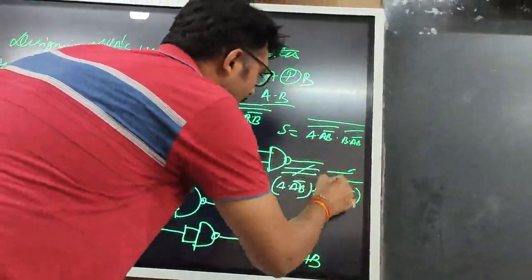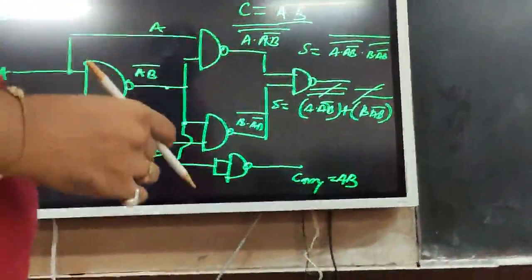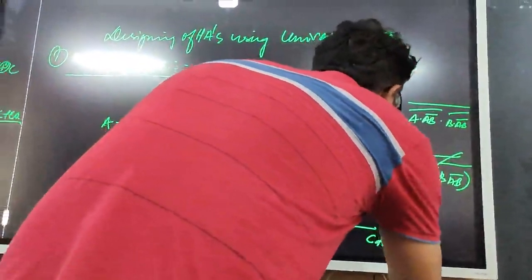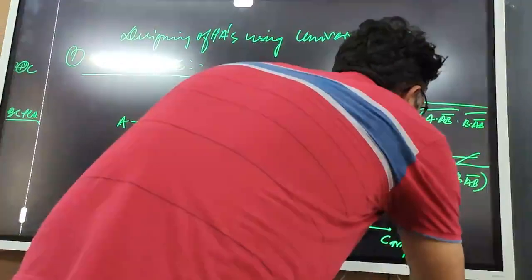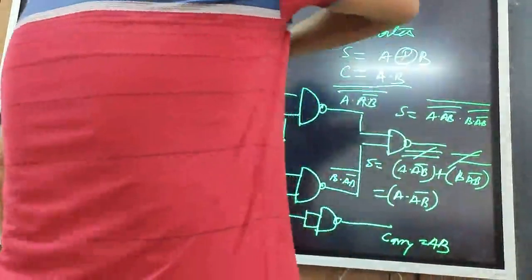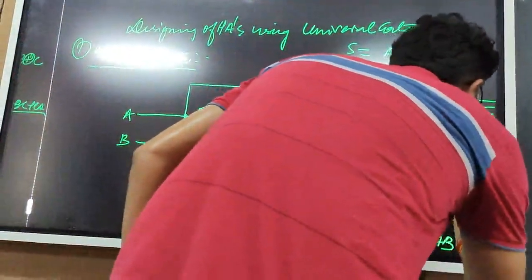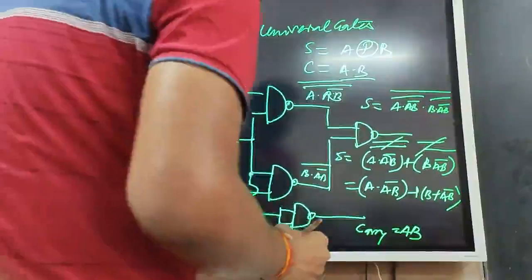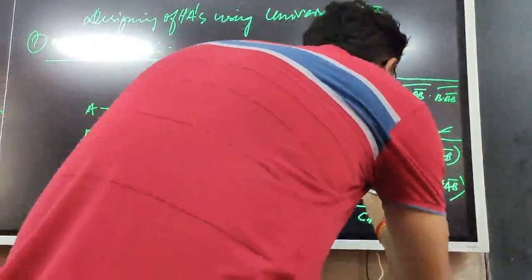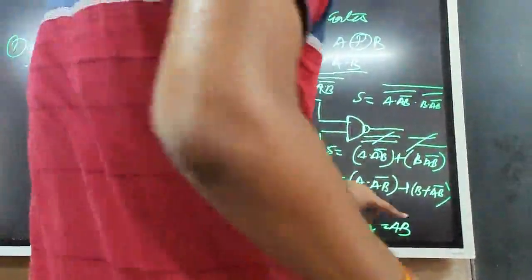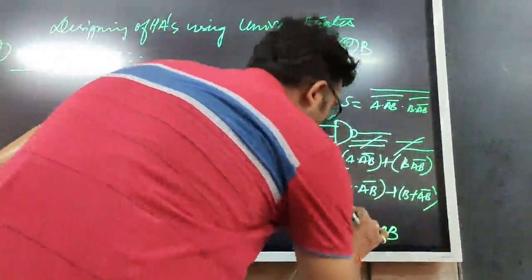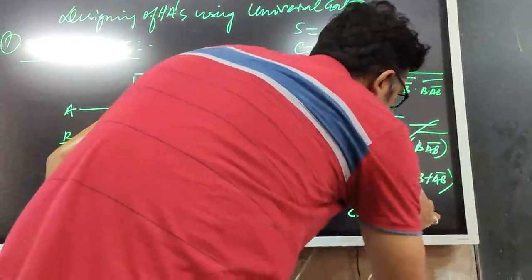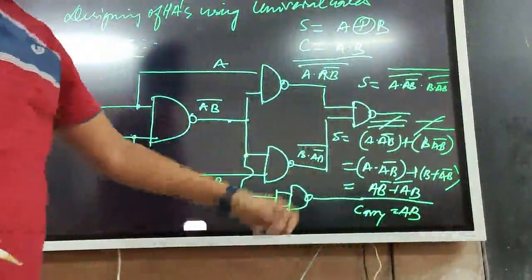This bar and bar will neutralize each other, and finally it will be A dot AB bar plus B dot AB bar. Finally, when you multiply it, by solving you will get this kind of term. So this will be verified.